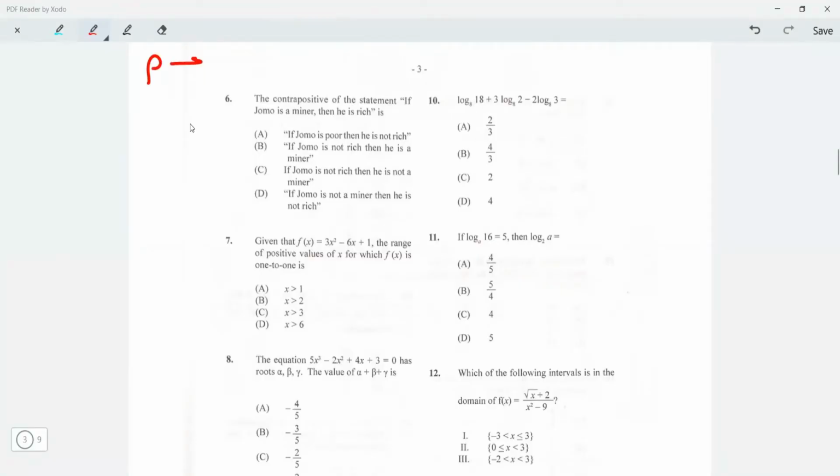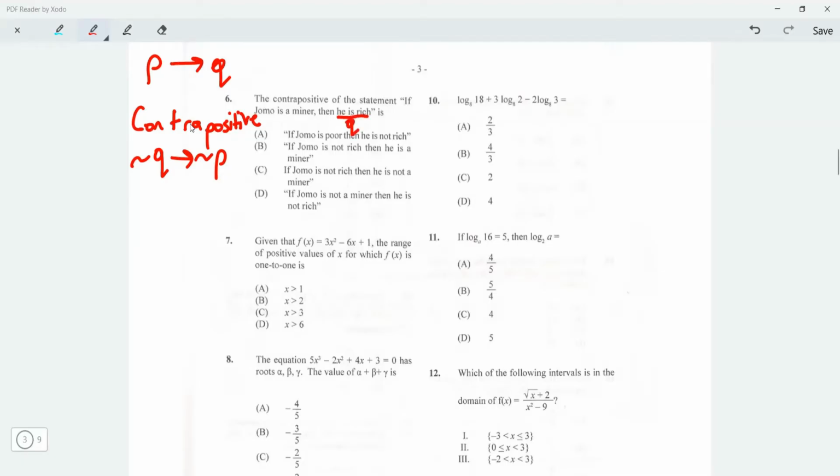This is what we have. P implies Q, and we want the contrapositive. The contrapositive is given by not Q implies not P. So if Jomo is not rich, then he is not a minor. This is the Q part first, so not Q is Jomo is not rich.